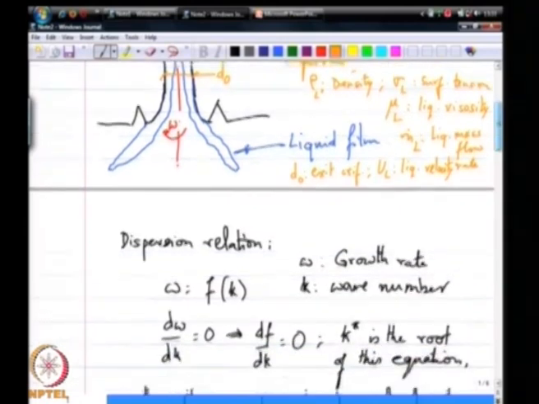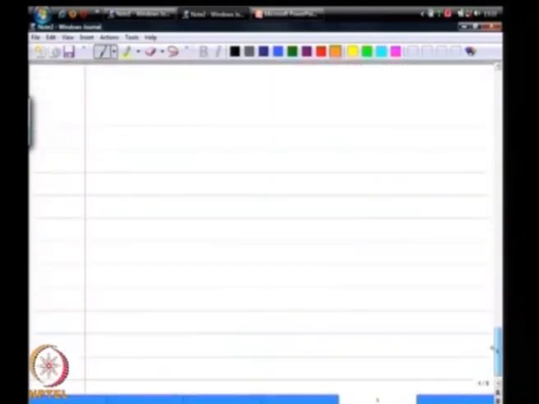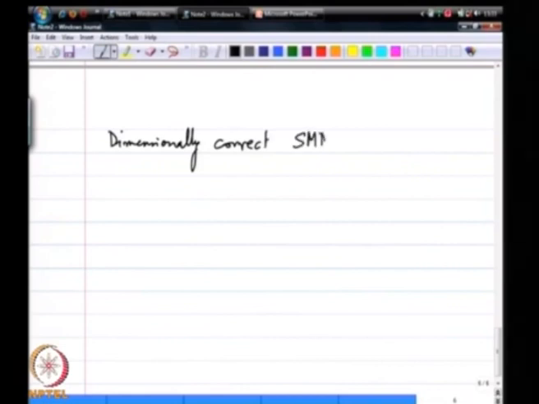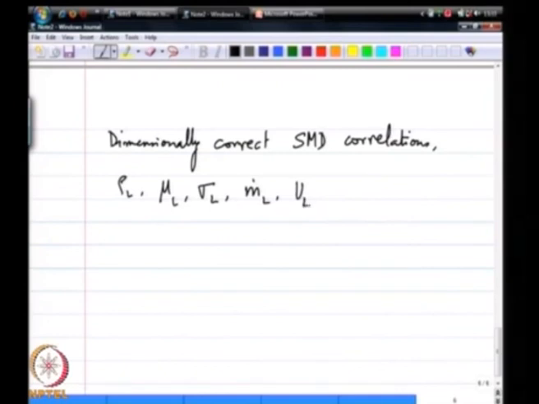Okay, so, I am going to transcribe these back on the other end here. Deriving dimensionally correct SMD correlations involves taking this list of quantities and finding a set of dimensionless groups that are important.